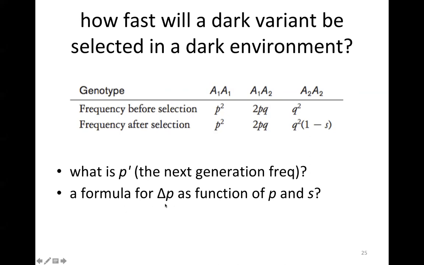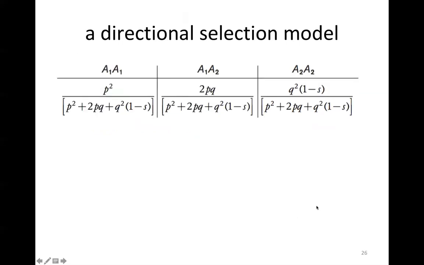So our target is to describe a formula for delta P, the change in allele frequency as a function of P and S. And this is not too complicated. We just first have to think of the 3 genotypes and their frequencies.